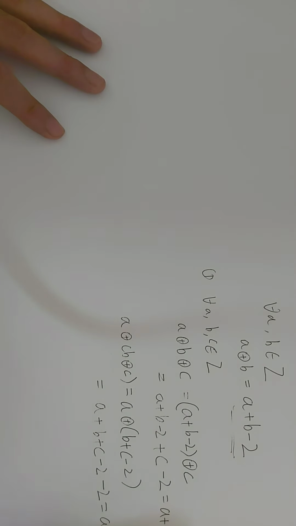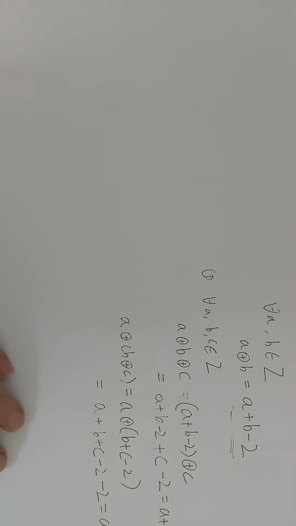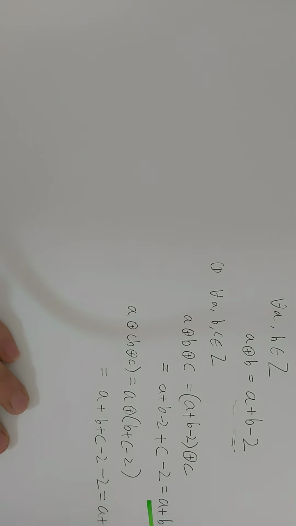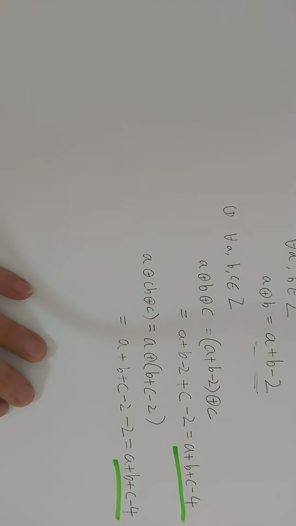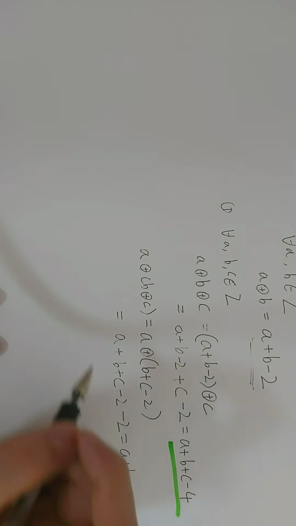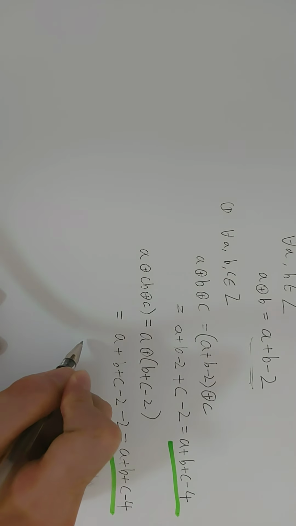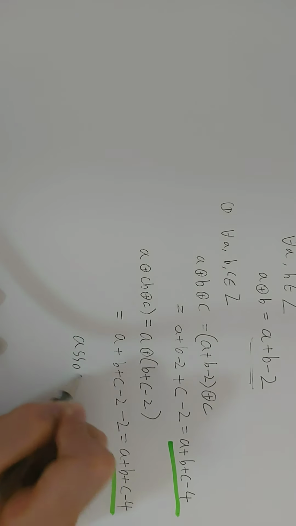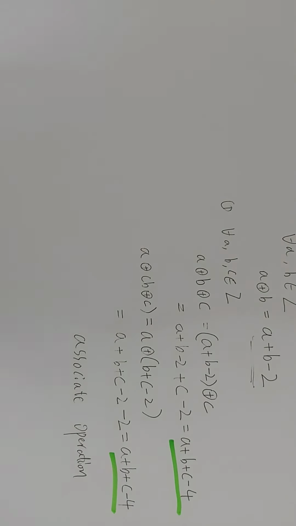The result is A plus B plus C minus 4. We see the result is the same, so we can prove that the operator is an associative operation. This is the first step.